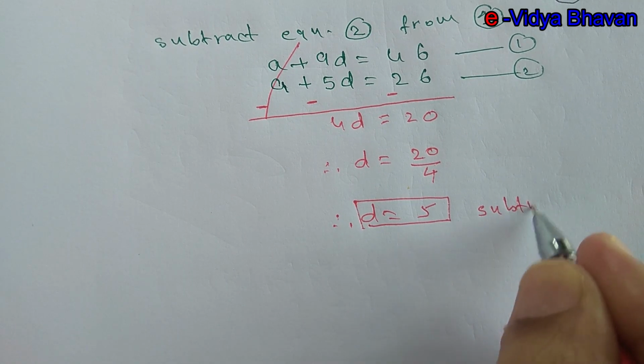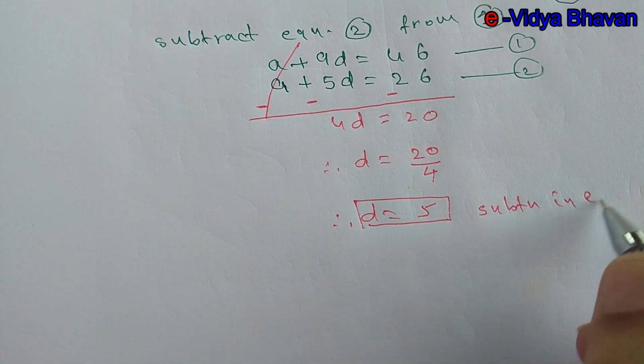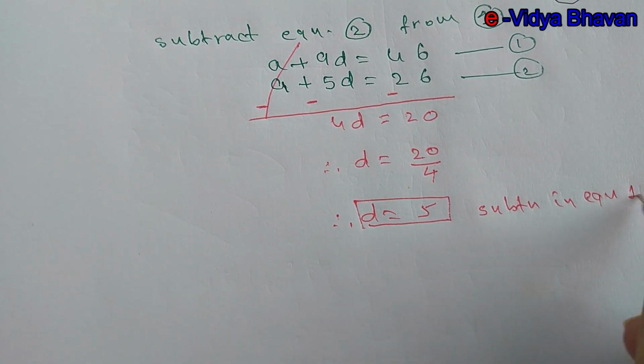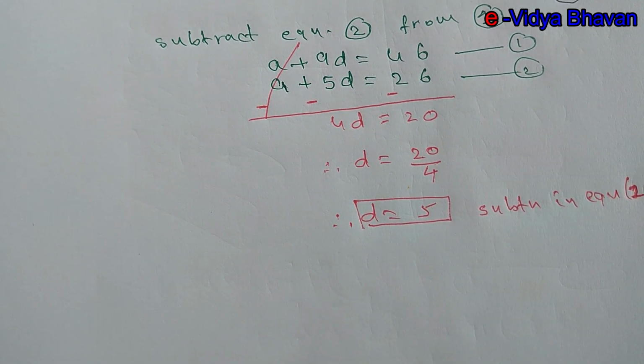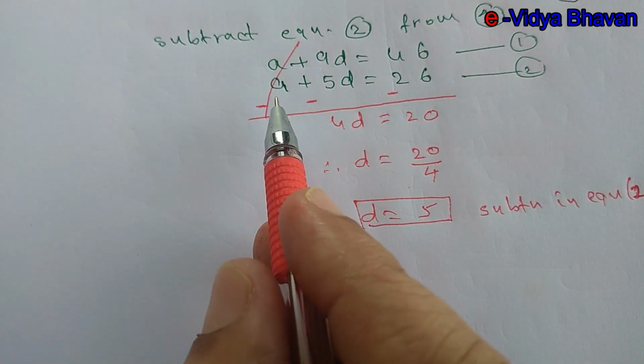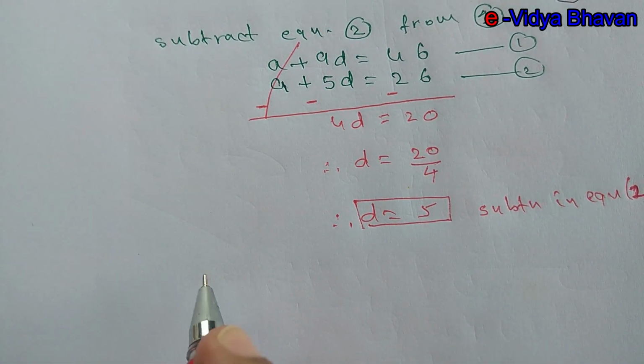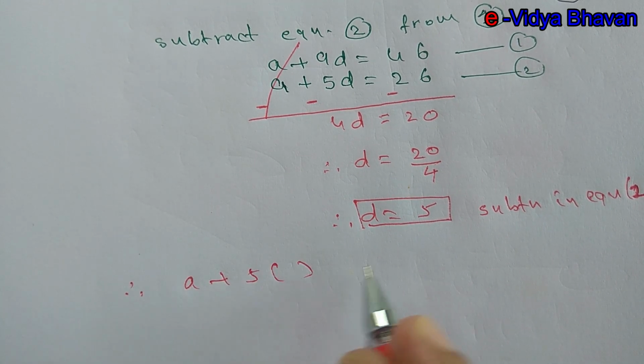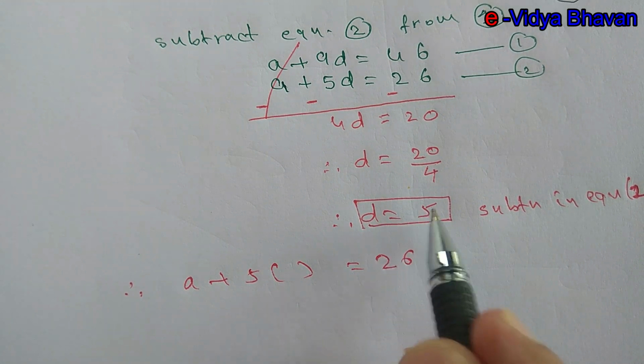Substitute in equation 2. Now, equation 2 says a plus 5d equal to 26. Here d is 5.